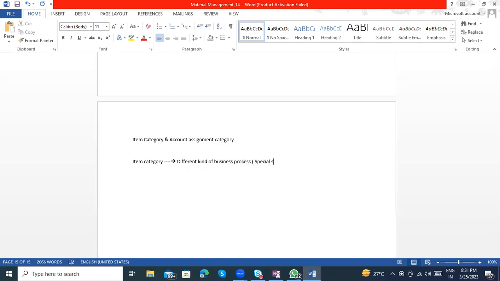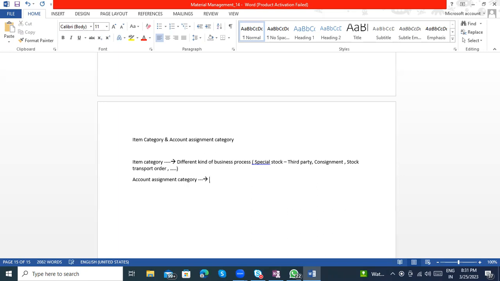For example, the third party process, the consignment process, and stock transport order. So when there is a special stock process, it identifies a different kind of business process, and the account assignment category is completely about consumption.